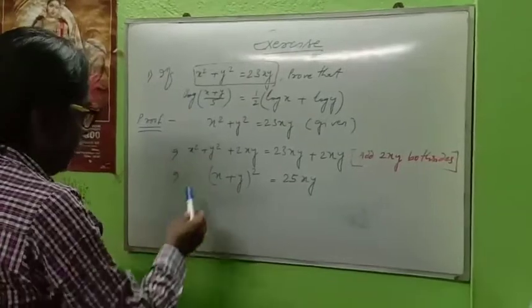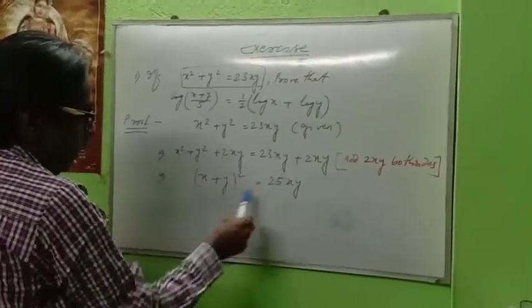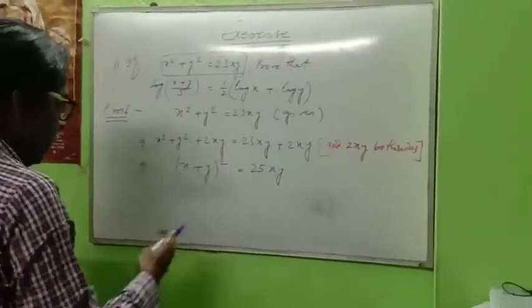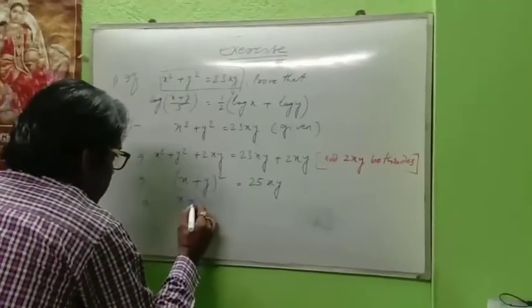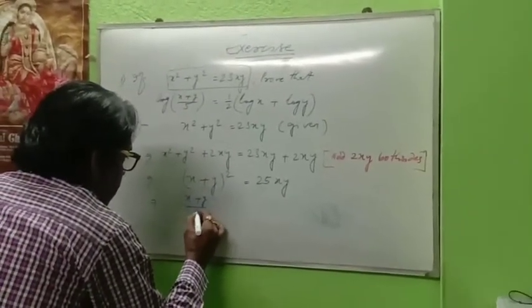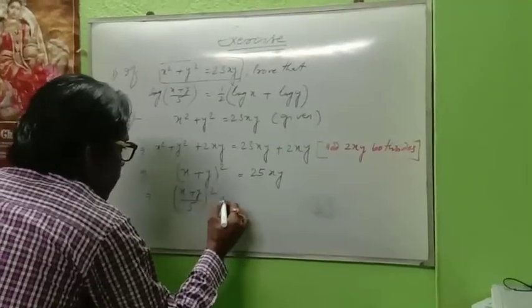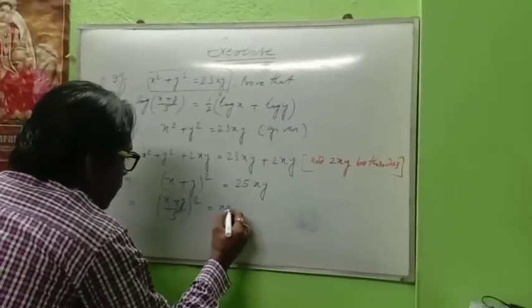Now it becomes x plus y whole square equal to 25xy. Bring 25 to this side. Now this will be x plus y by 5 whole square is equal to xy.